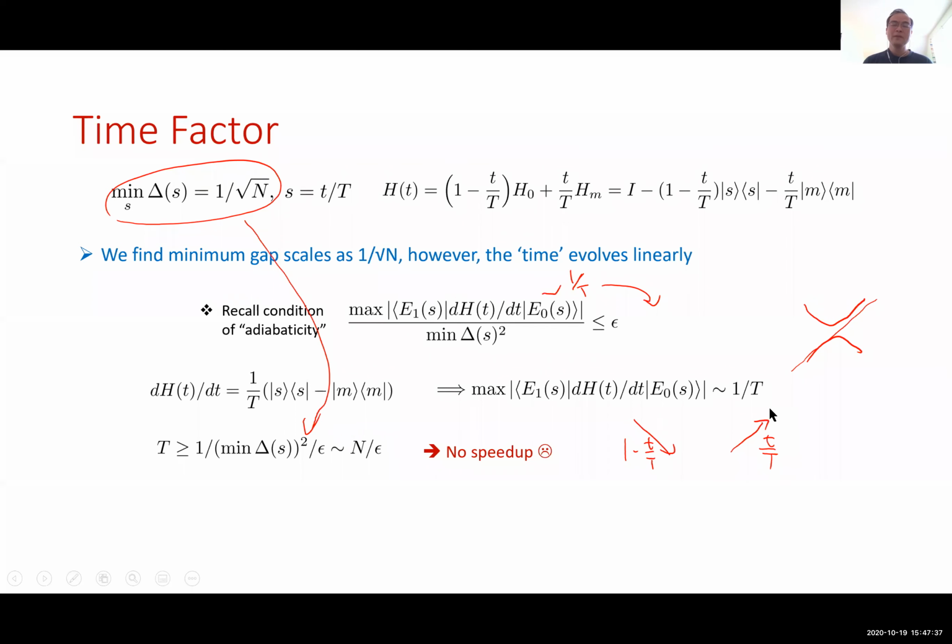So therefore, the natural question arises: how do we change our time, the ramp up, so that we actually take into account this small gap? So gap is small, so we should run slower. But when the gap is large, we should run faster, right?